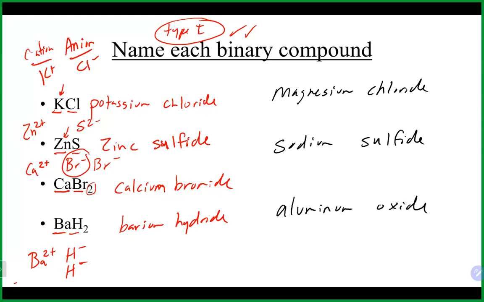Now, speaking of hydrogen, if we had hydrogen in front of another nonmetal, although those are really 2 nonmetals together, hydrogen in this case is really named more like a type 1 compound, a metal. We think of this as really like H+ and Cl- sort of together. And this would be just hydrogen chloride. So hydrogen is a little unusual in that sense, even though it really is a non-metal.